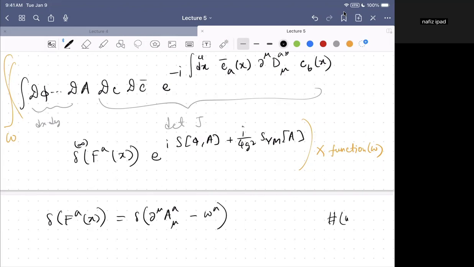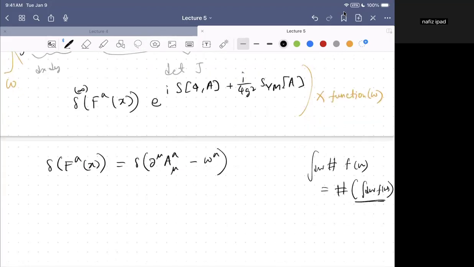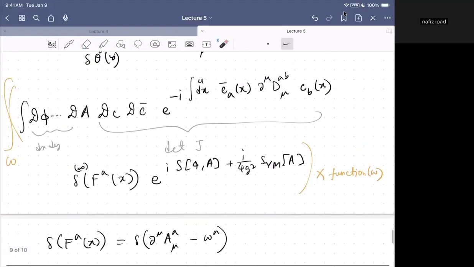Now you decide to multiply this by some function of w, and then you decide to integrate over w. So what you get is this thing times the integration of the function, right? And so you have simply multiplied your original thing by a number. That's what I mean. Okay.